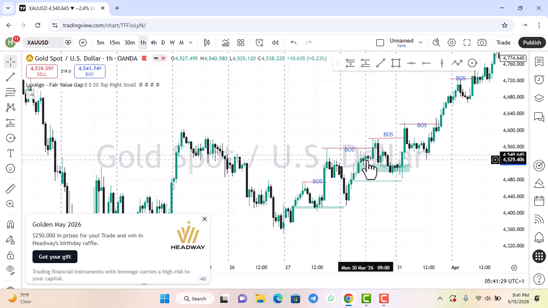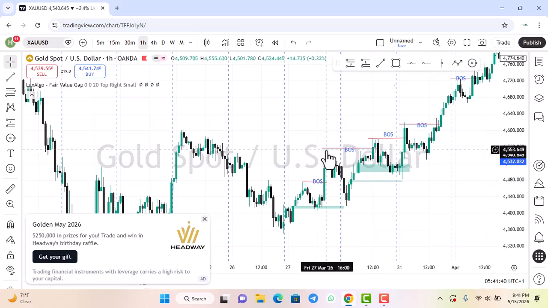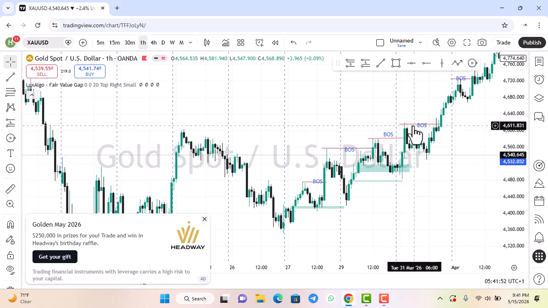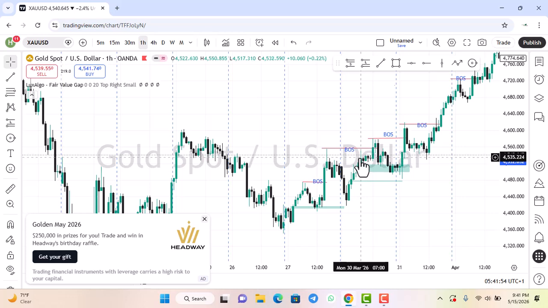When price gets to this zone here, we did not have break of structure yet until this bullish candle here closes above the recent higher high. That is when we have a valid break of structure. The same thing here, a body of a candle closes above it, break of structure, valid one. The same thing here. So after we have a valid break of structure, market prints a new higher high.